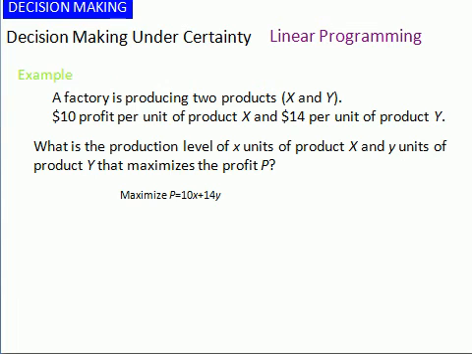So here we have a very simple problem. We have a factory and it's producing two products, product X and Y. Product X is giving $10 profit per unit. However, product Y is producing $14 per unit.